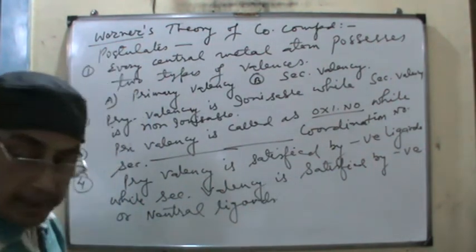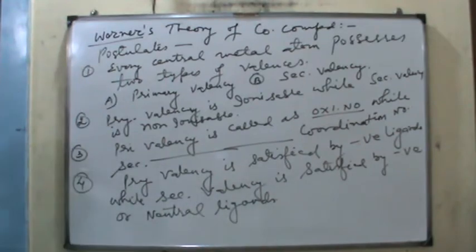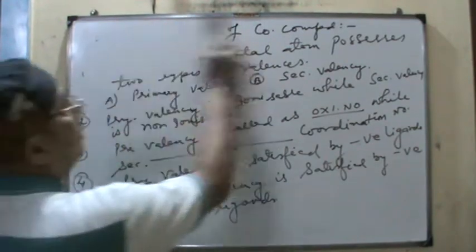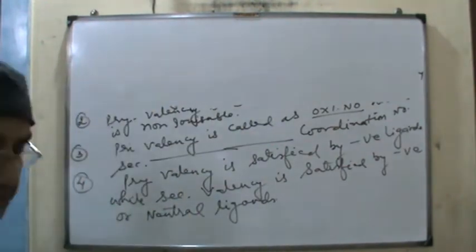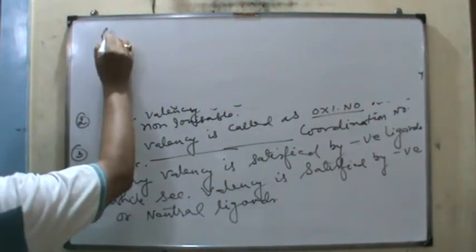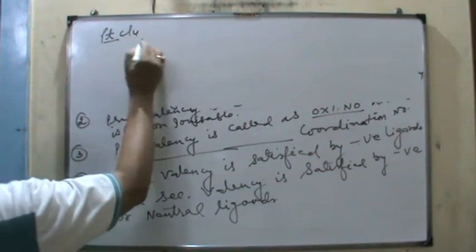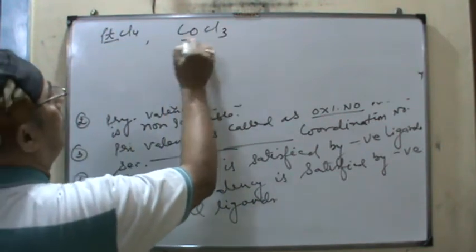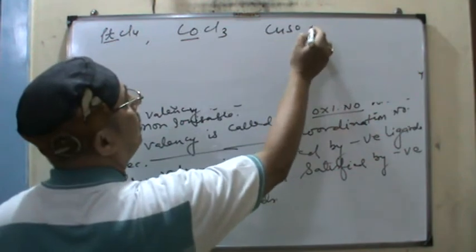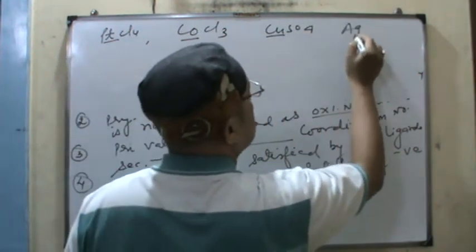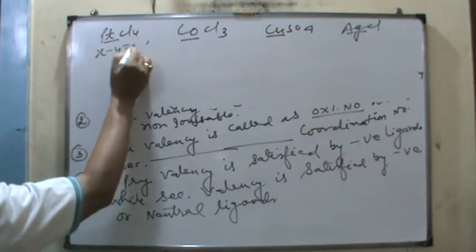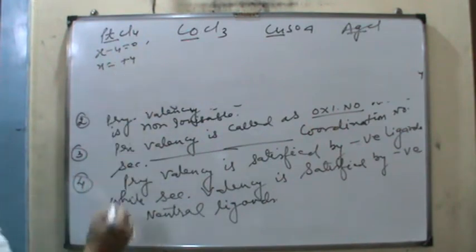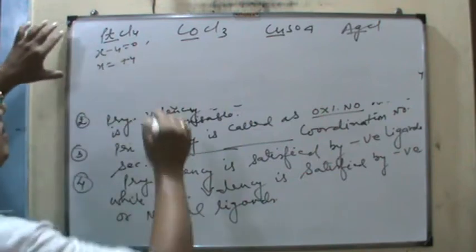For example, if I would like to explain that primary valency is called oxidation number, if I say PtCl4, CoCl3, CuSO4 and AgCl, related to x minus 4 equal to 0, so x is equal to plus 4, it is the primary valency.